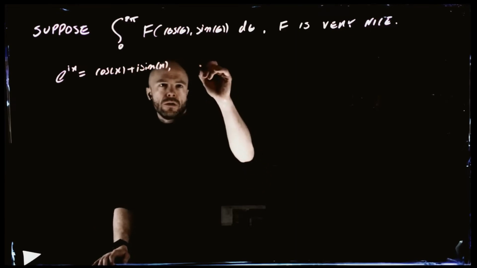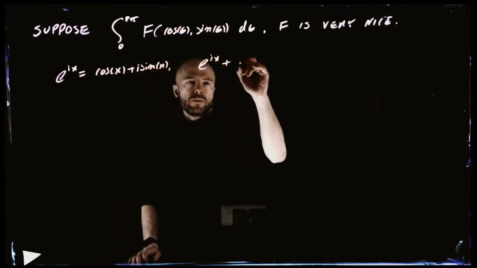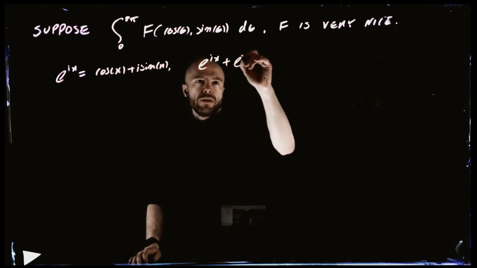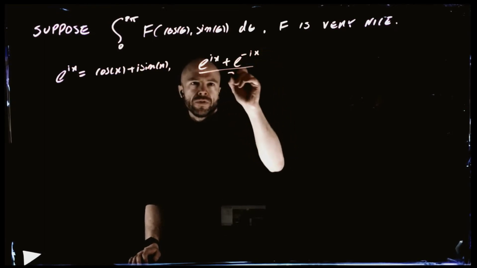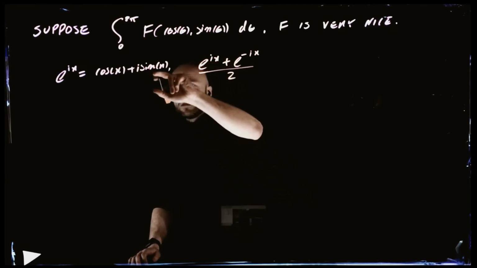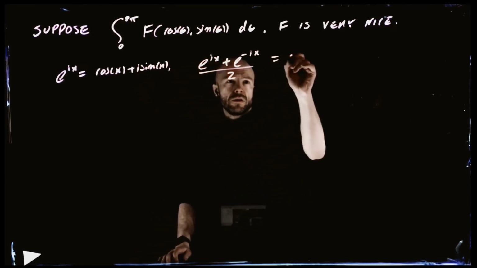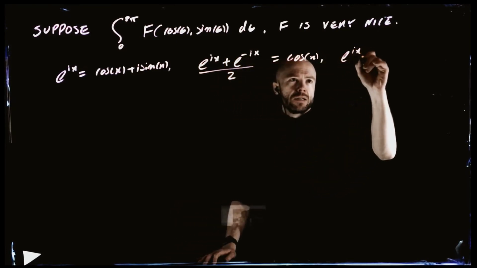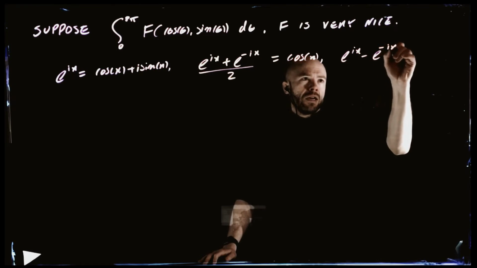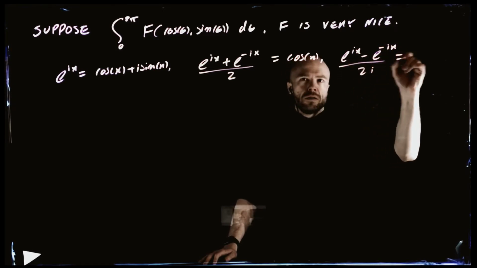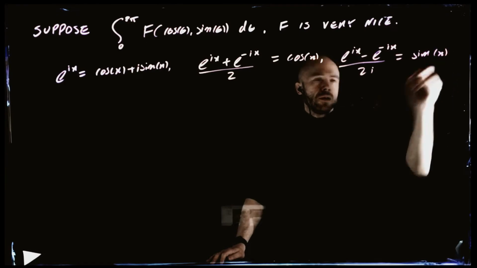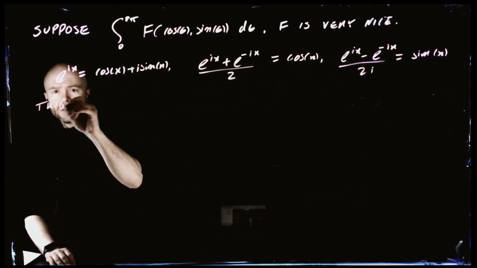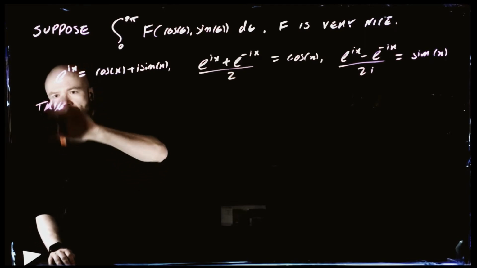So therefore e to the ix plus e to the minus ix, over 2, since sine is odd, this will just become cosine of x. And similarly, e to the ix minus e to the minus ix over 2i becomes sine of x. And that's how we created the trigonometric sine and cosine, so the complex sine and cosine.